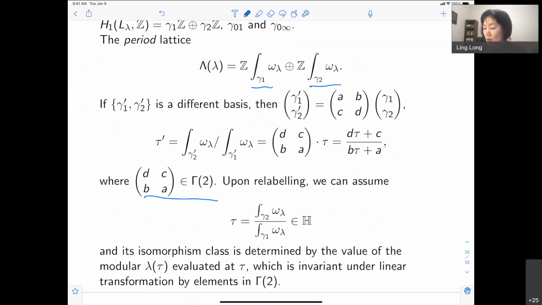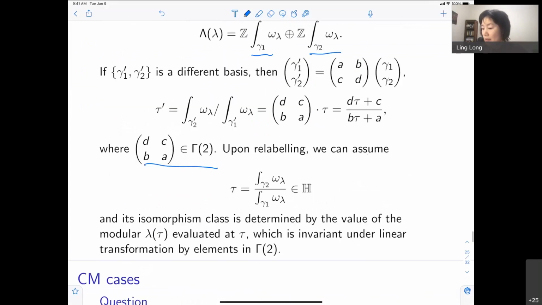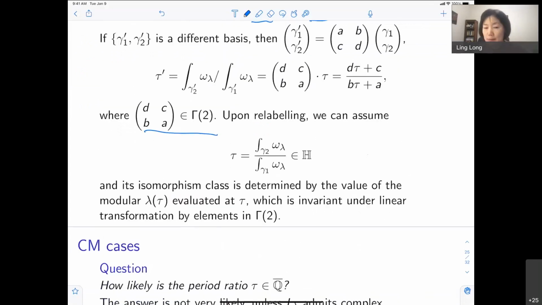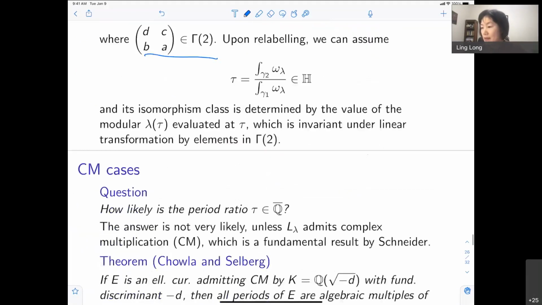And that's why we get the meaning for the Schwarz map when we introduce Ramanujan's result.